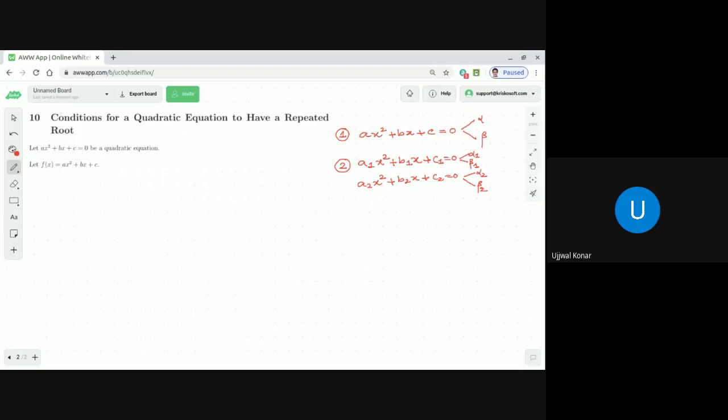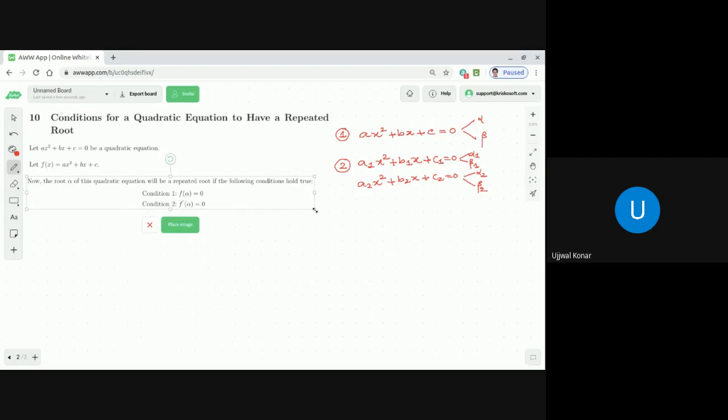Now, there is another way also we can look into the same problem. How can we look into it? Let us assume that the root alpha of the quadratic equation will be repeated. Under what condition? If alpha is a root to this equation, under what condition will alpha be the other root? Slightly different way I made the statement, but the intent remains the same.